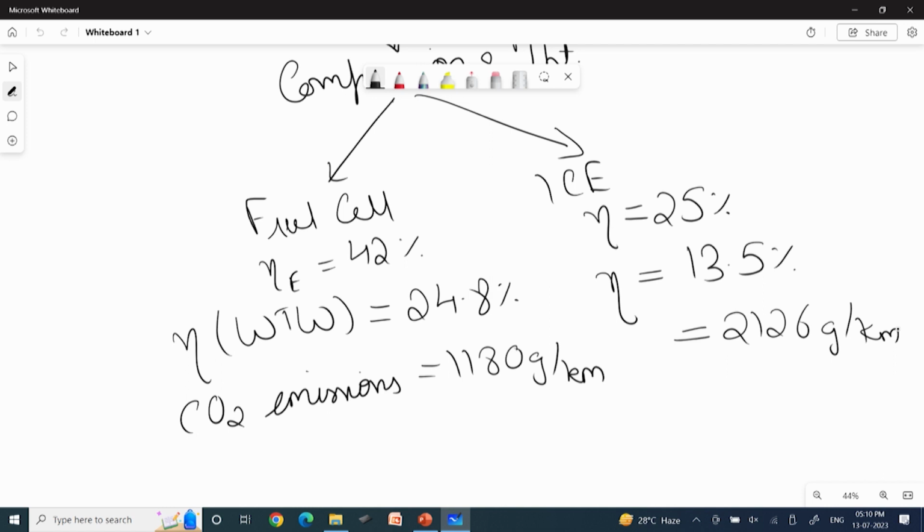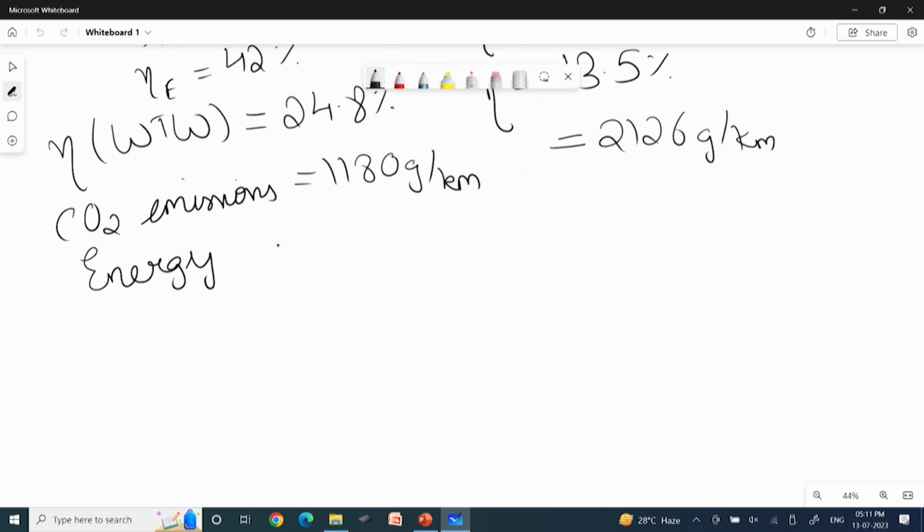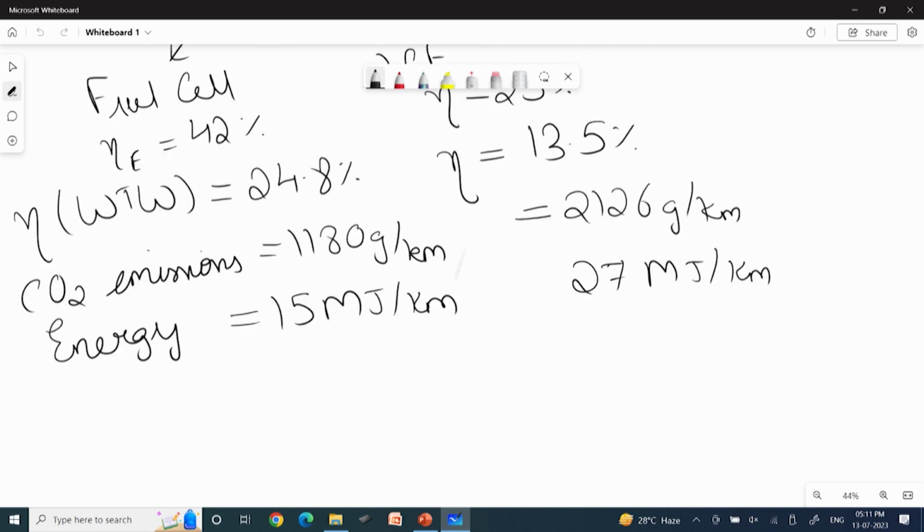So, there could be a significant amount of CO2 emission reduction as well, and the total energy requirement has also reduced in this case, from almost 27 megajoules per kilometer to around 15 megajoules per kilometer. So, again this would be a function of the assumptions that have been taken into place, but there could be significant emission reduction happening.